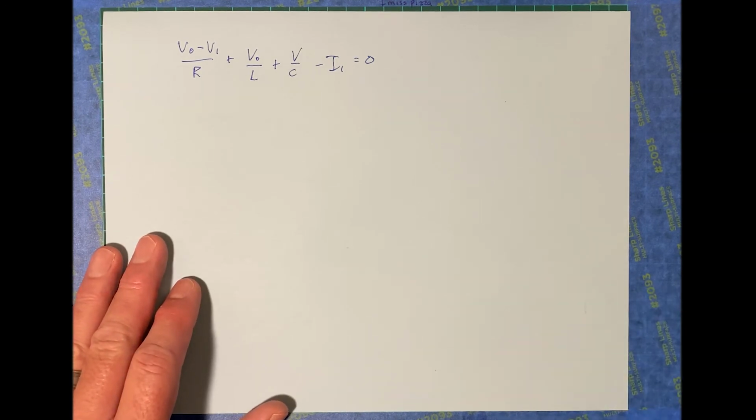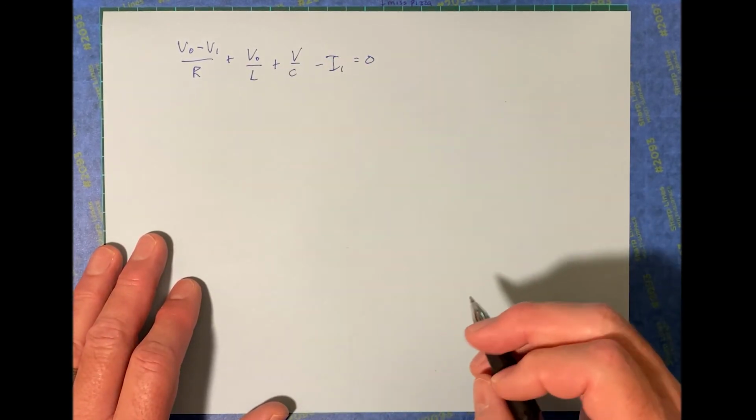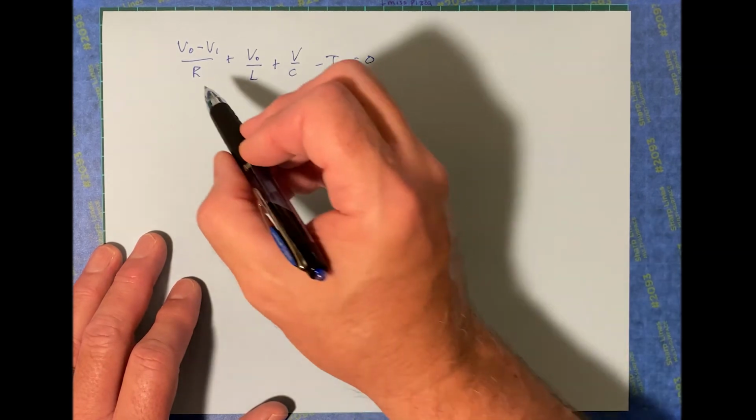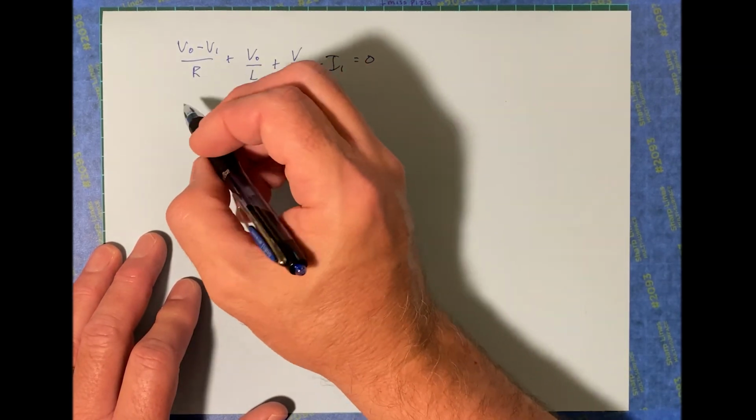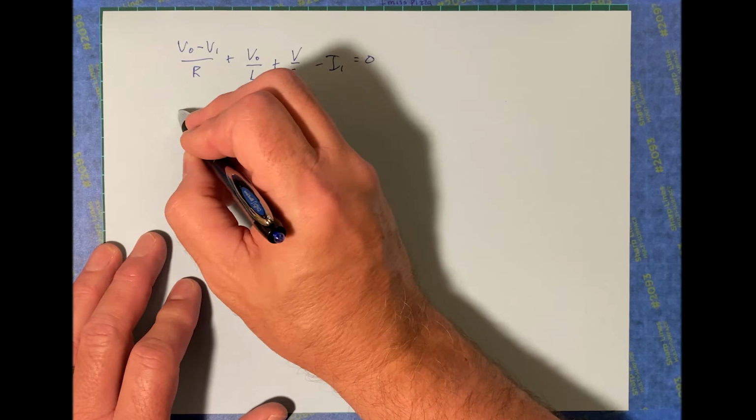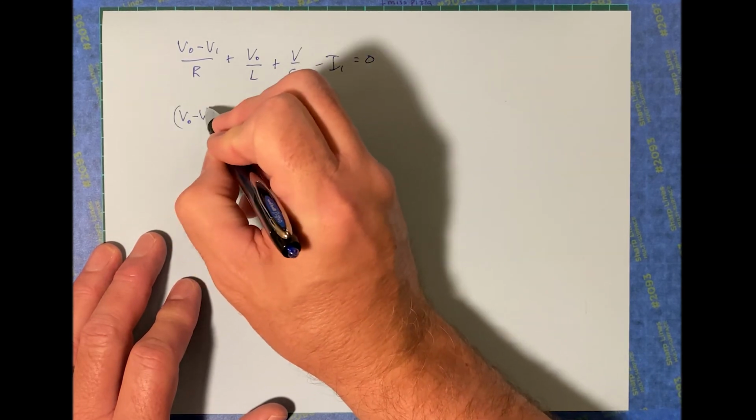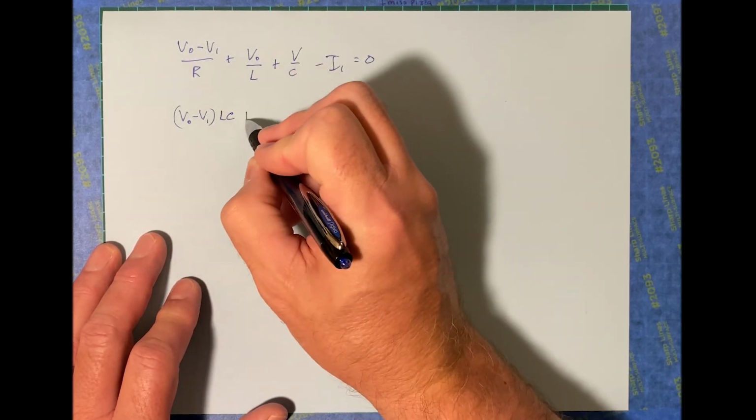Okay. Now, first thing I'm going to do is get rid of these fractions down here. And I'm going to do that by multiplying this one by LC. So what have I got? V0 minus V1 times LC.